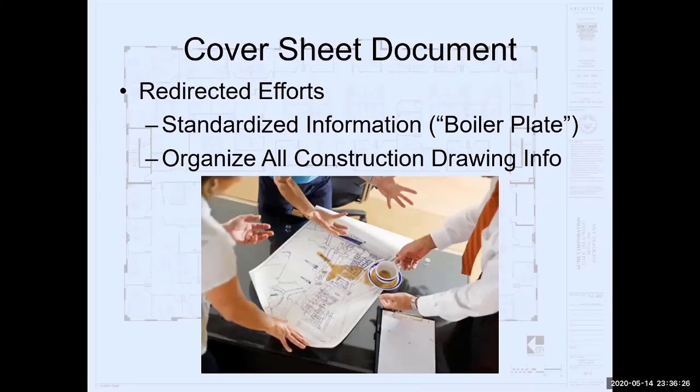These sheets typically start out with very general information. So oftentimes this is what we call standardized or boilerplate information. That term means that it is pretty consistent from one project to another. So that standardized information is really very, very similar between one project and another.